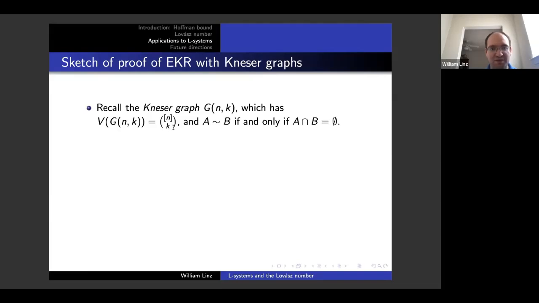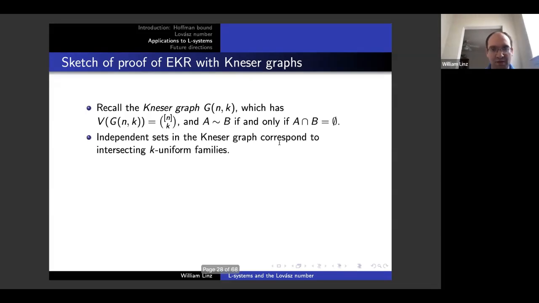Its vertices correspond to k element subsets of a set of size n, so there are n choose k vertices, and two vertices are connected by an edge if and only if A intersect B is equal to the empty set. The point is, independent sets in the Kneser graph correspond to intersecting k-uniform families.